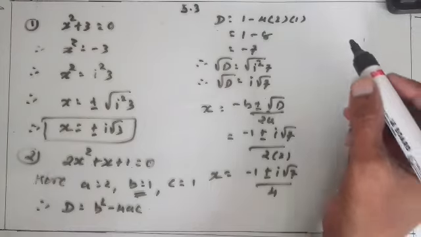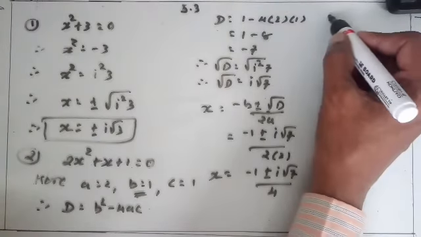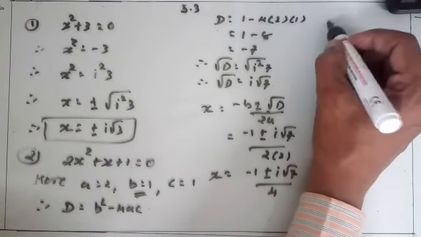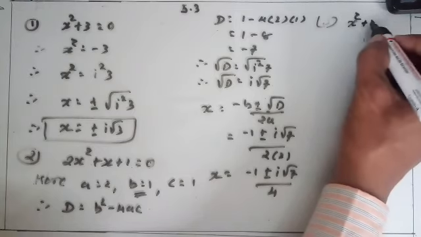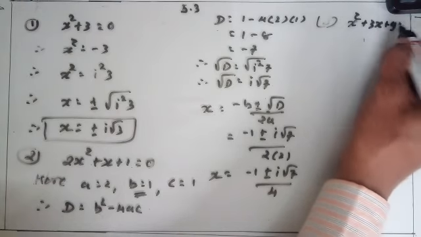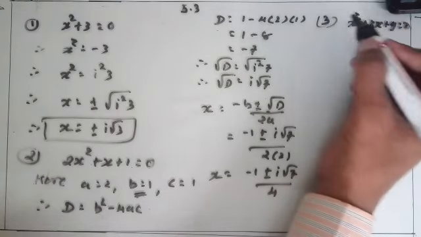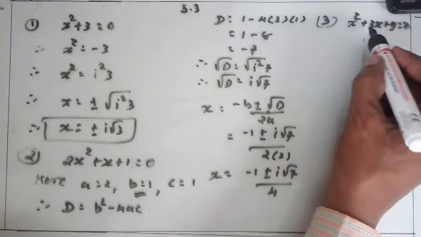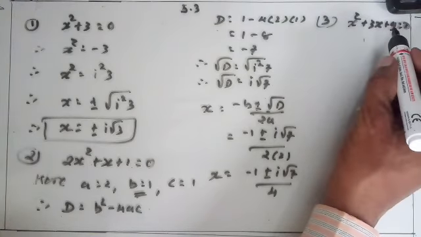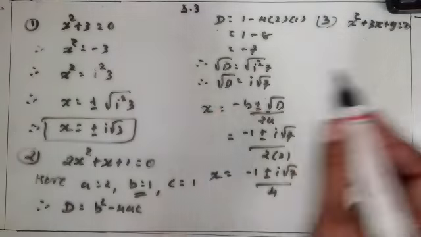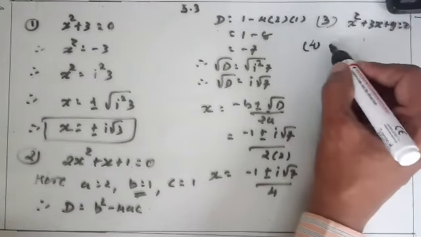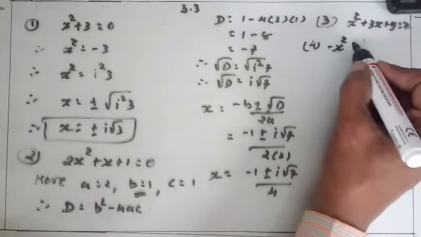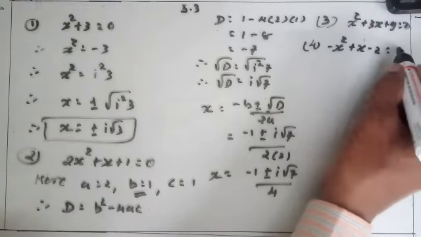Applying the same method, we are able to solve question number 3: x² + 3x + 9 = 0. Here a = 1, b = 3 and c = 9, and applying the same method, find the solution. Similarly, in question number 4, solve −x² + x − 2 = 0.